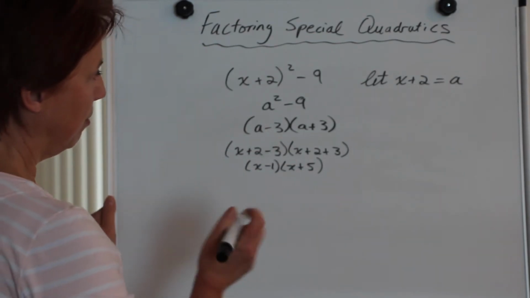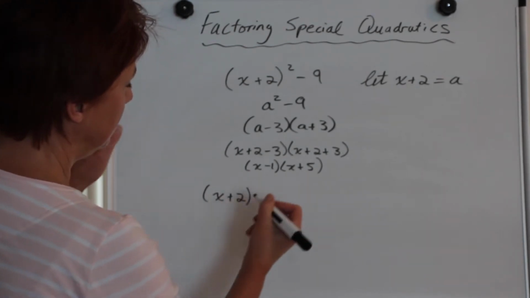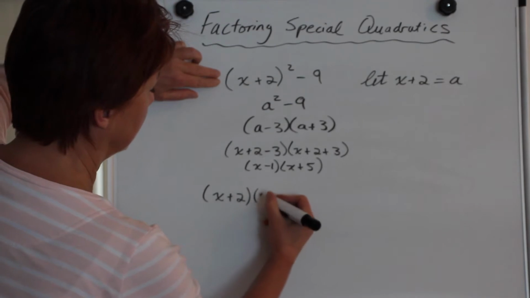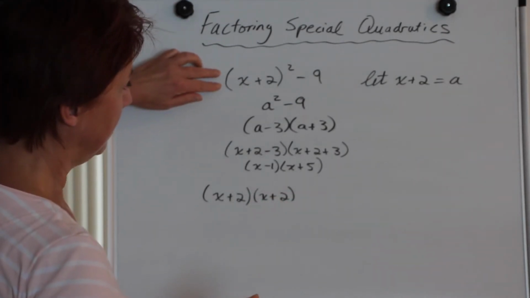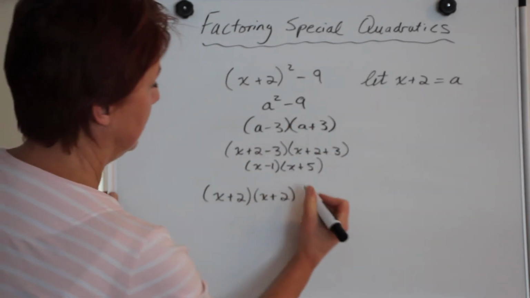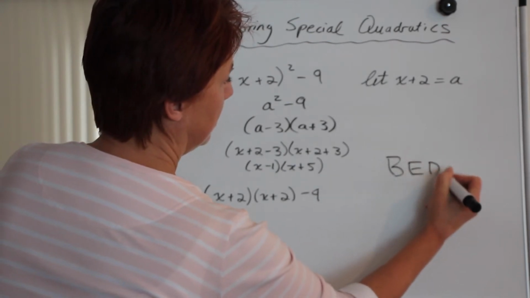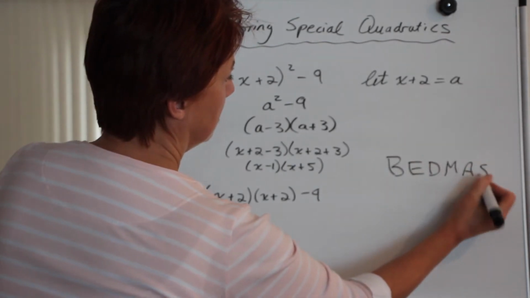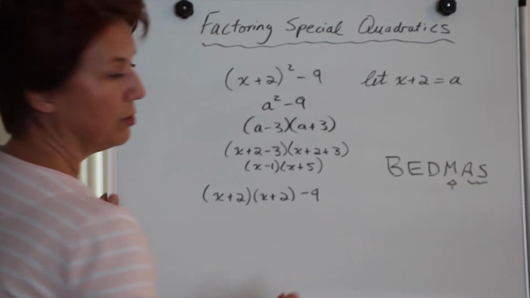Now let me show you how it works if you do it the long way, because it does work doing it the long way. So if we do it the long way, we have to square x plus 2. So this entire binomial gets squared. So x plus 2 squared means x plus 2 times x plus 2 and then minus 9. BEDMAS rules say that I must do my multiplication before I do my addition or subtraction.